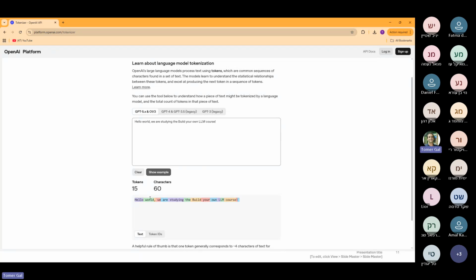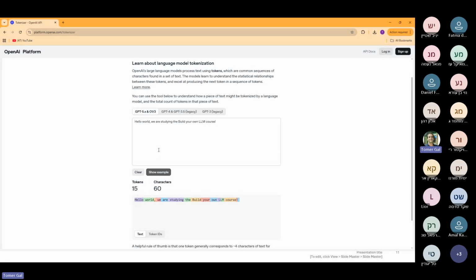Different words have different tokens, though not necessarily every word gets its own token. We can see here that LLM is 2 tokens: the L separately, and the LM separately.